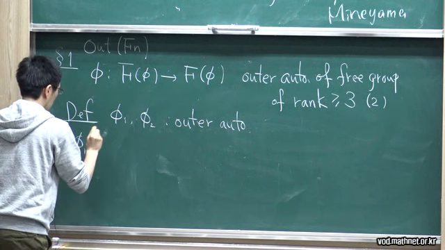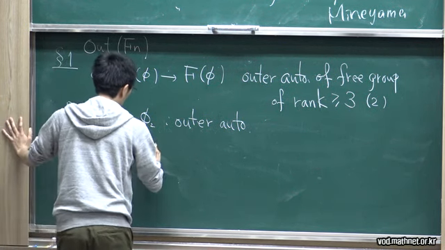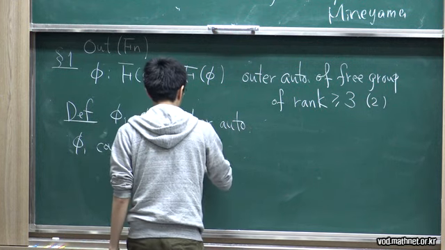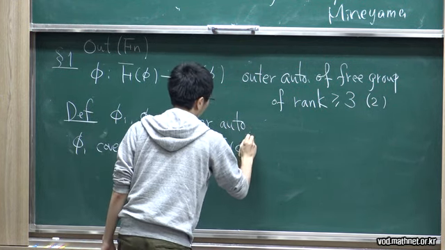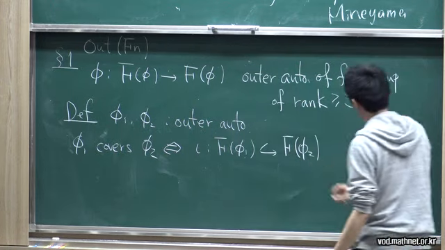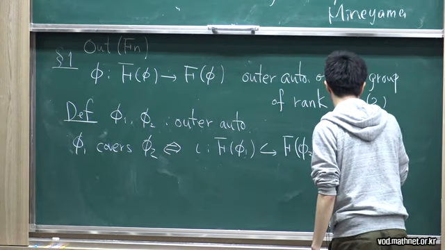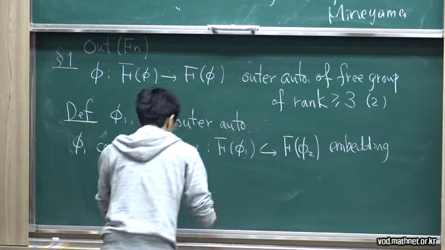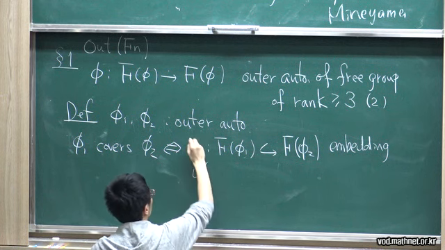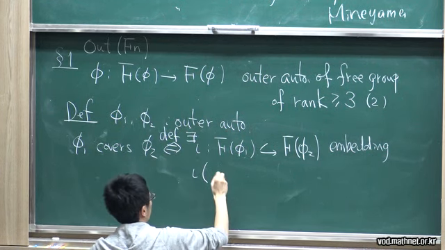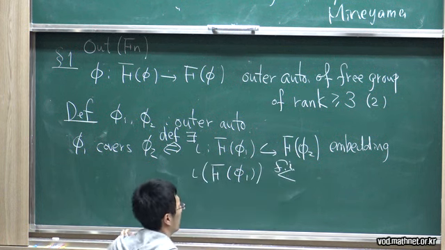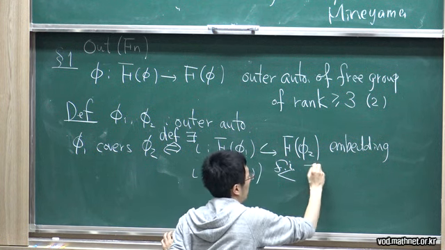Then phi 1 covers phi 2 if there is an embedding of F(phi 1) into F(phi 2), an injection, and the image of this free group is a finite index subgroup of F(phi 2).